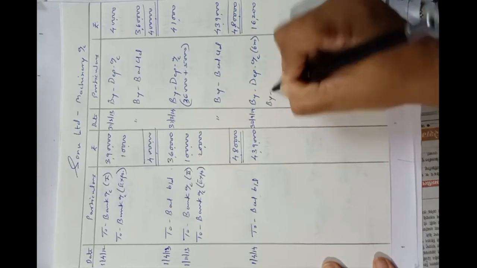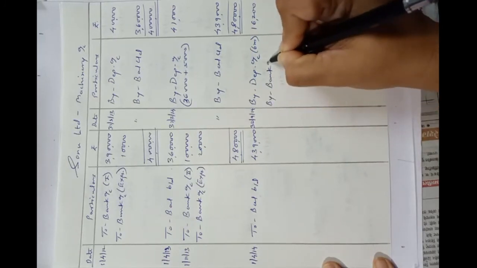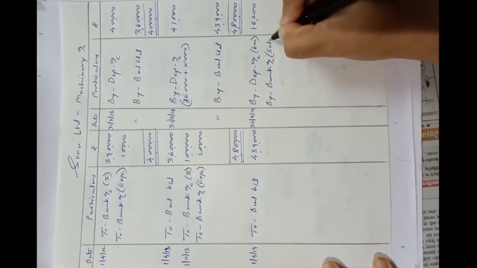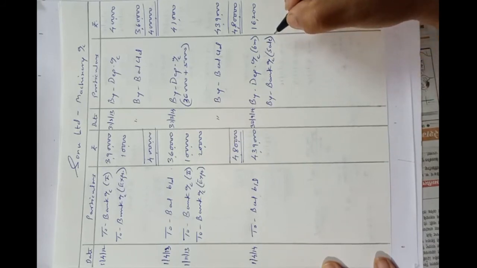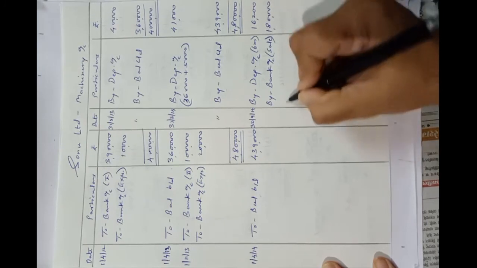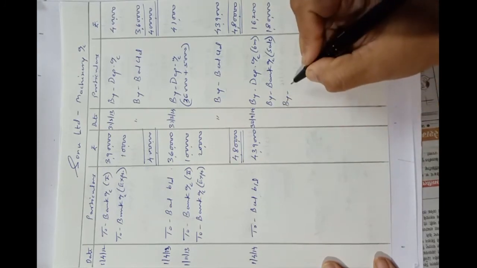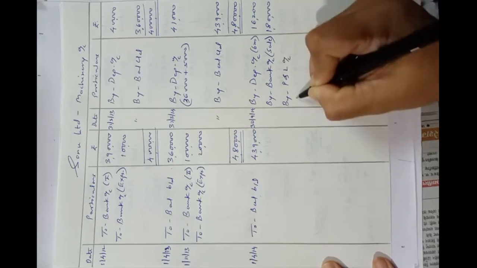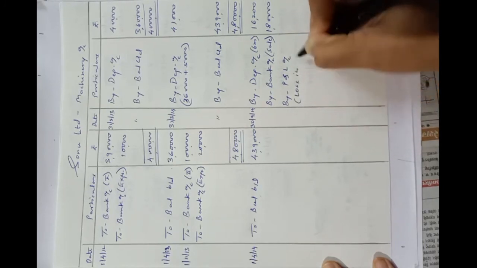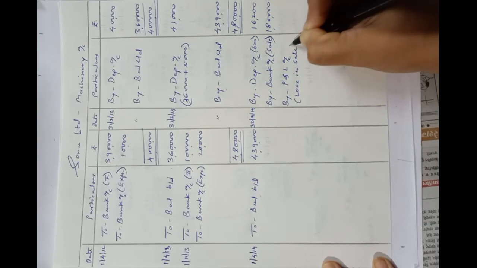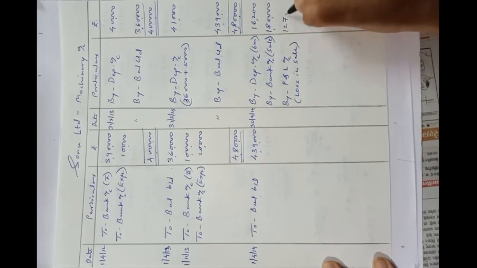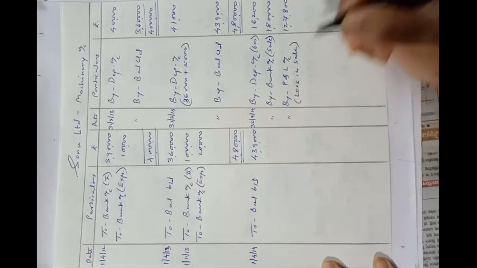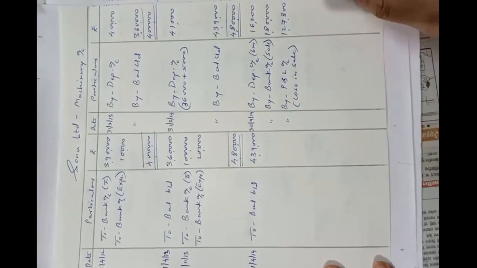Then by bank account, machinery sold, sale of machinery 1,80,000 as we have discussed earlier, and so they have loss of rupees 1,27,800. So by profit and loss account, loss in sale 1,27,800. These entries are on 30th September 2014.